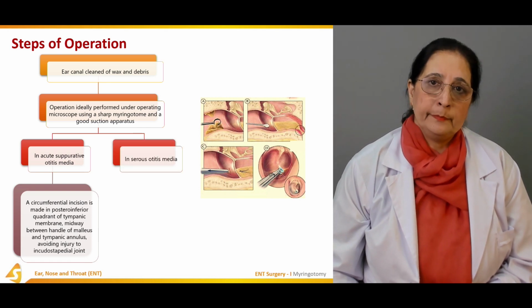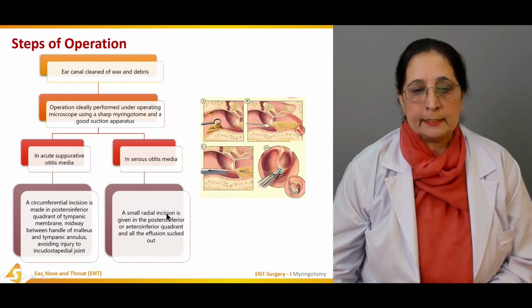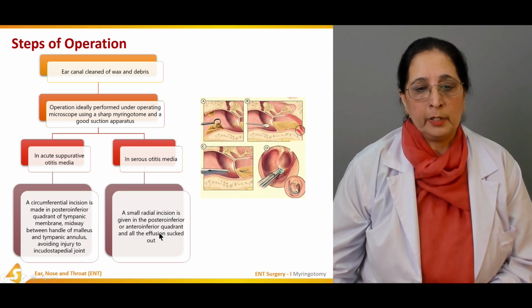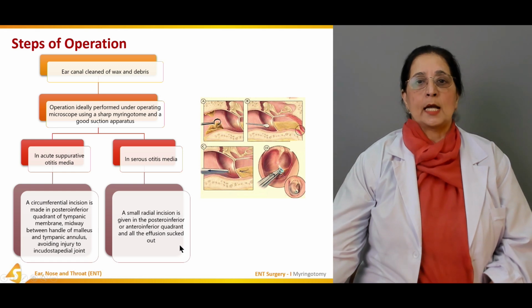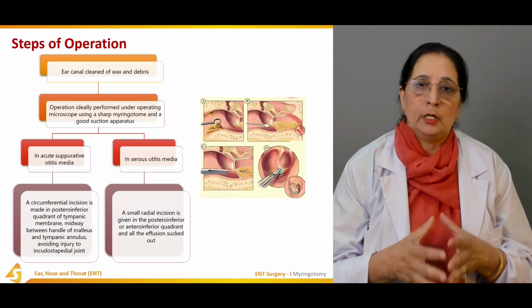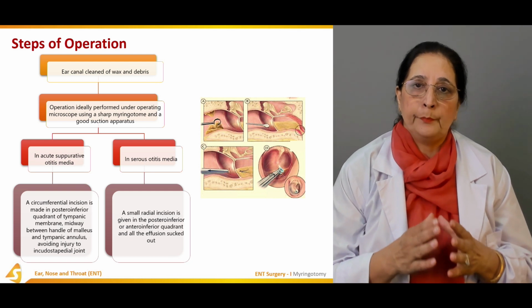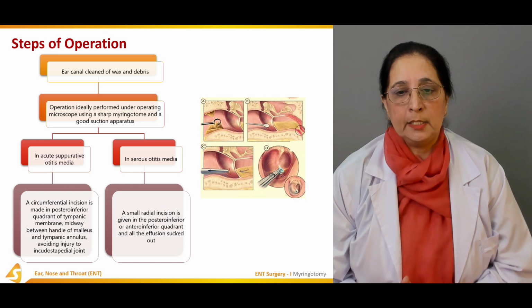And in serous otitis media, a small radial incision is given in the postero-inferior or antero-inferior quadrant, and all the effusion is sucked out. So there is a difference between the procedure performed for suppurative otitis media and serous otitis media.